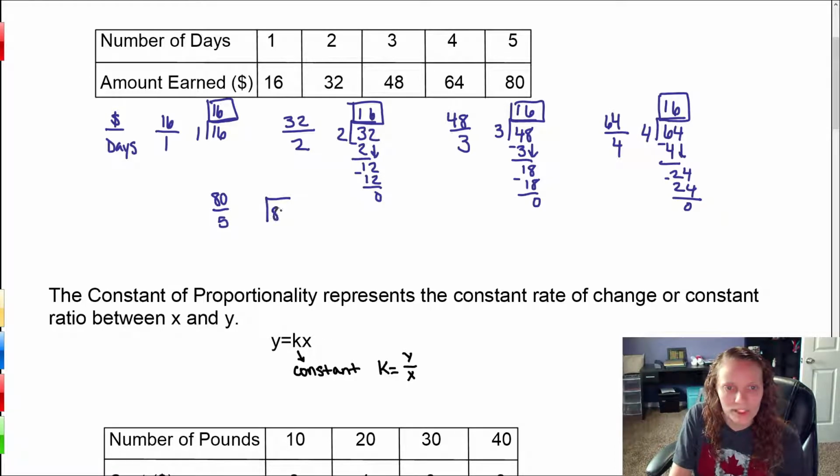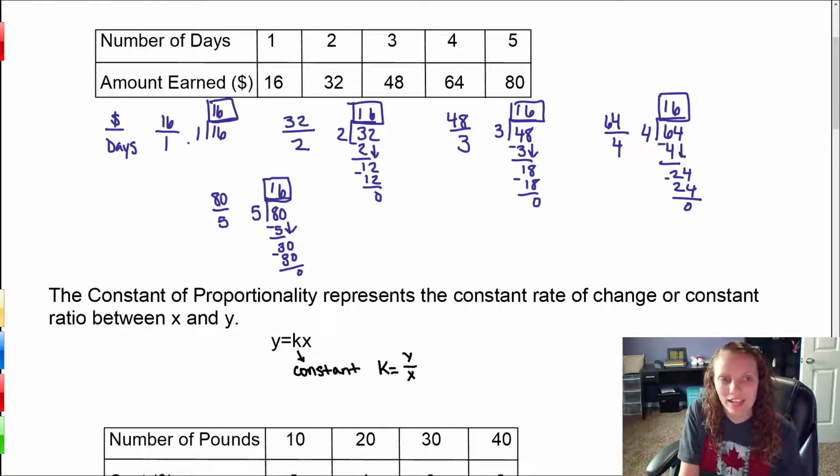First number in, last number out. 5 goes into 8 once. Bring down the 0. 5 goes into 30 6 times. 6 times 5 is 30, and so we got 16 every time.